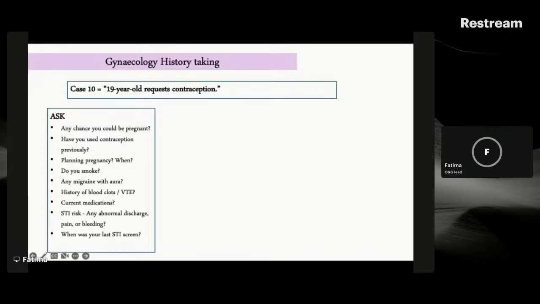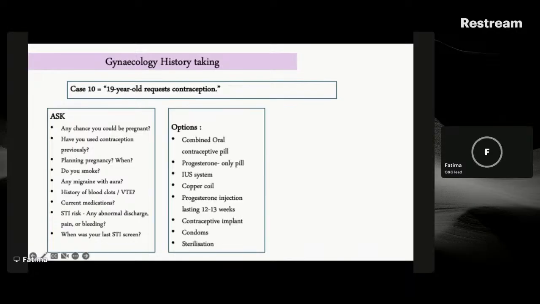It's also important to assess any STI risk and symptoms and offer screening if appropriate. The key considerations are whether she's suitable for combined hormonal contraceptives, requires a progesterone-only method, or would benefit from long-acting reversible contraceptives as well.